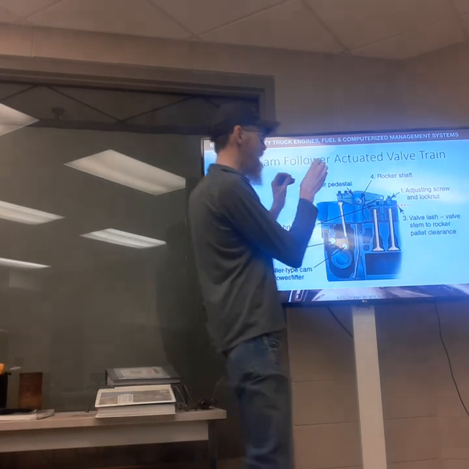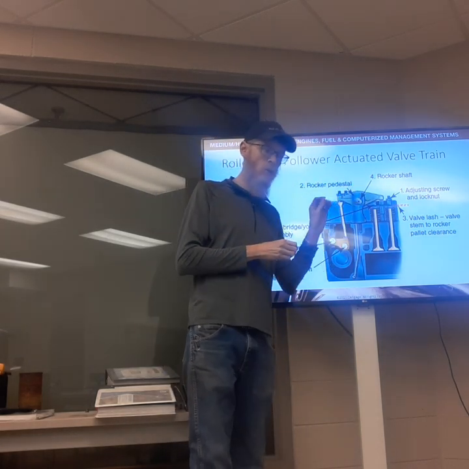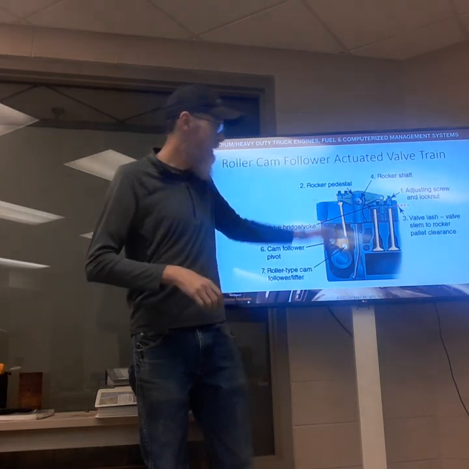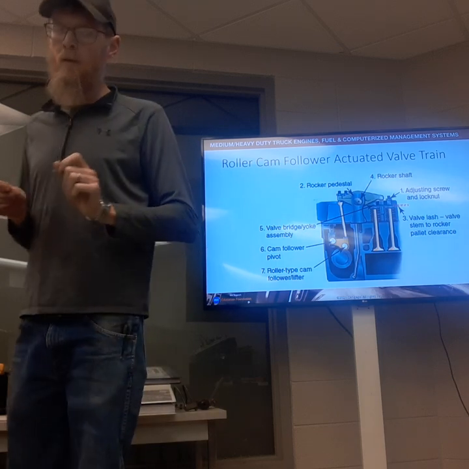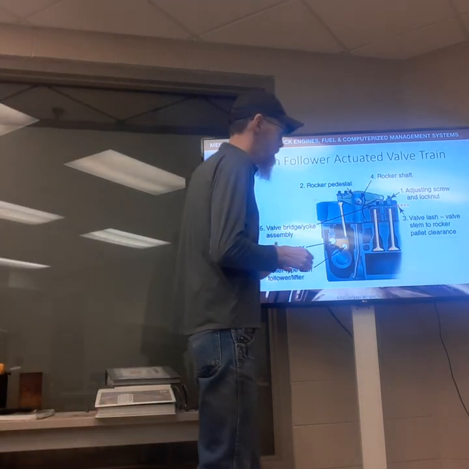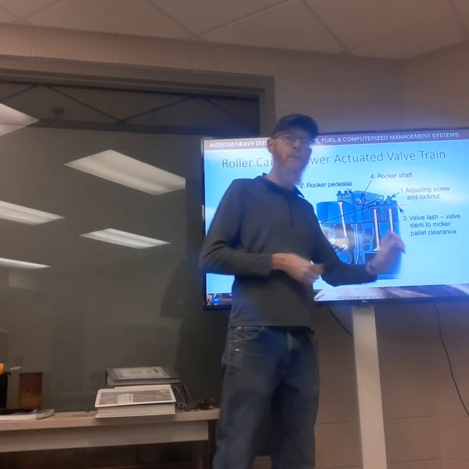we adjust that lash or free play between all these parts so we don't hang open the valves when the cam is on the base circle. When the cam is on its base circle, the valves absolutely have to be closed. If the valves aren't closed, we can't make compression.